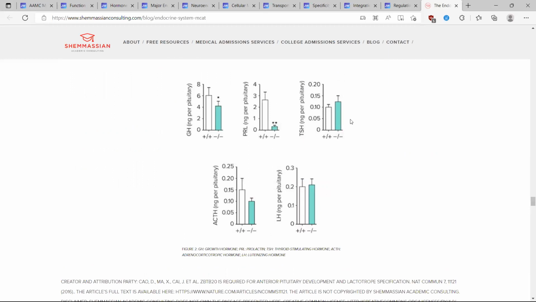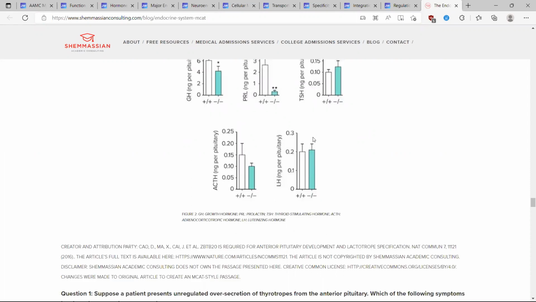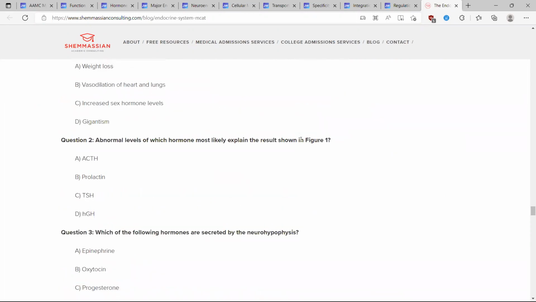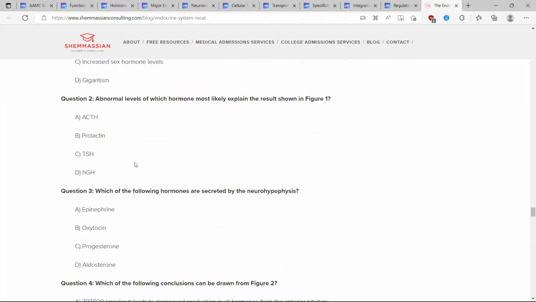There was not a significant difference in the TSH. So this was a little bit sneaky, I think. It's easy to put those two things together and think that the first one is talking about the experiment, but the first one is not actually talking about the experiment. So yeah, a little tricky for sure.